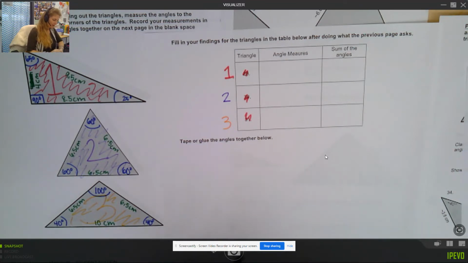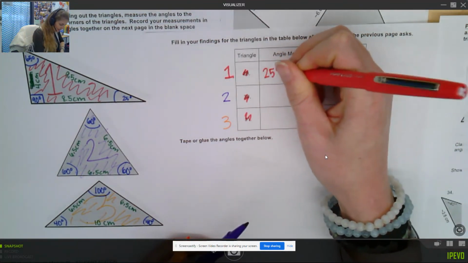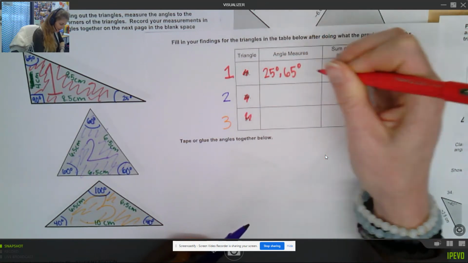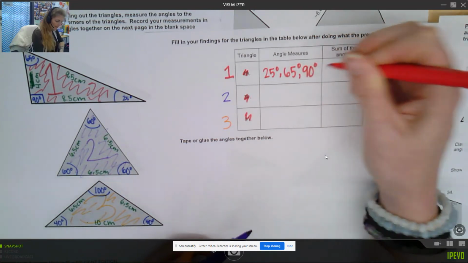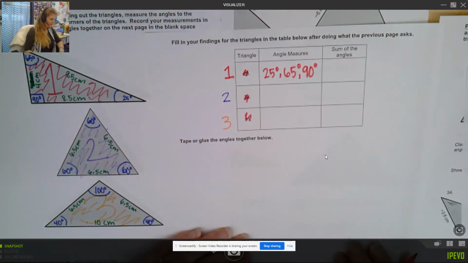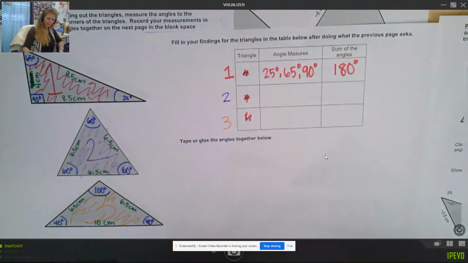So the angle measures on triangle 1, I got to be 25 degrees, 65 degrees, and 90 degrees. And we can grab our calculator to add those up. If you add those up, what do you get? You're right, you ended up with 180 degrees.